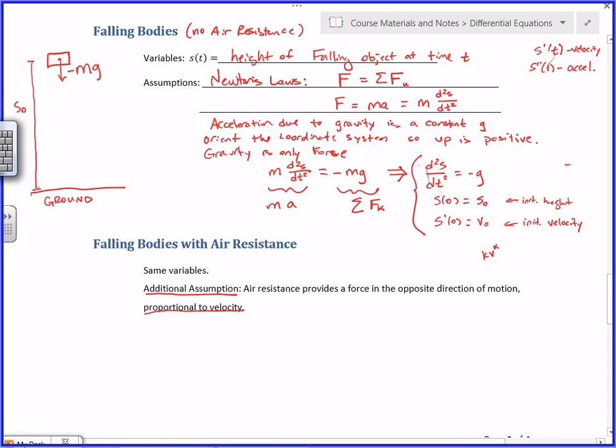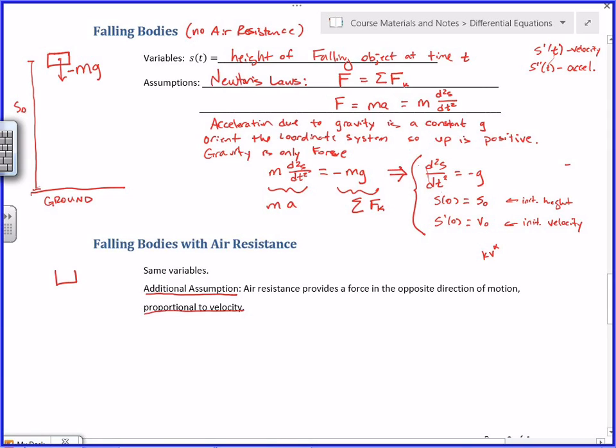Maybe closer to 2, or maybe closer to 1/2. It's proportional to some other constant. And that might vary based on the shape of the object and so forth. There are other models for air resistance that would include a variable for amount of surface area exposed. So the wider the object is, the more air resistance there would be, and it would also depend on velocity as well. But let's just do the simple one, okay?